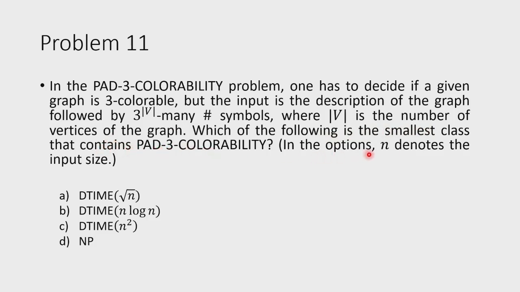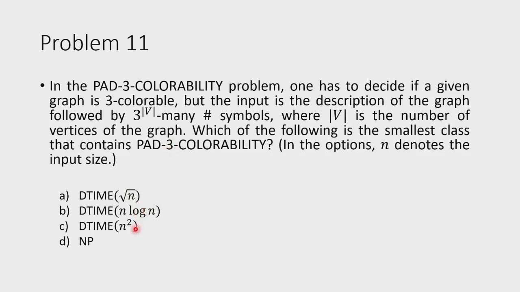The options are DTIME square root n, DTIME n log n, DTIME n square, and NP. Here n is the size of the input, and over here notice that we have time, not space. So which of the following is correct? Sir, n square time, because we have to give time to basically extract data from the given inputs.